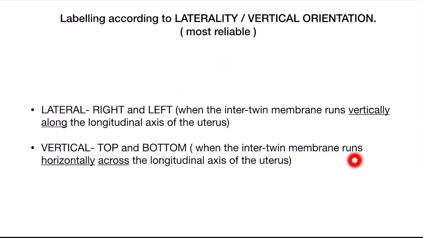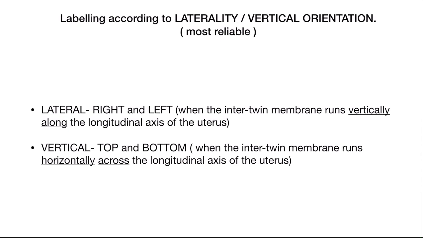But if the intertwin membrane is running horizontally across the longitudinal axis of the uterus, then it is dividing the uterus into top and bottom half, and the fetus can be claimed as fetus superior or top, or fetus bottom or inferior, as fetus A and fetus B. There is no AP division in the uterus because the AP diameter of the uterus is very small, hence there are only two possibilities, that is either right or left, or top and bottom. There is no antero-posterior possibility.